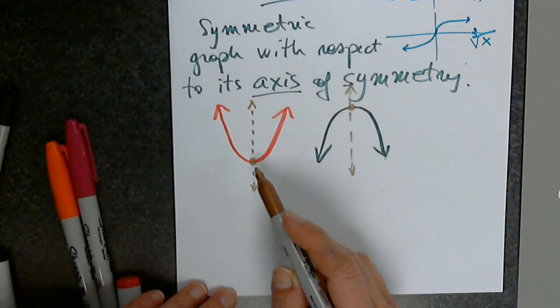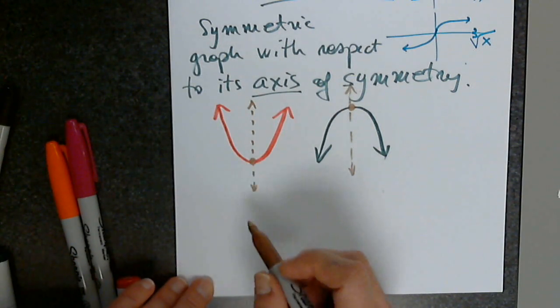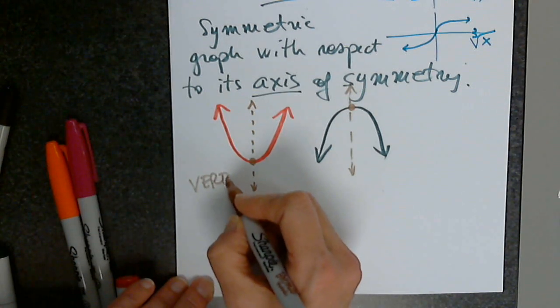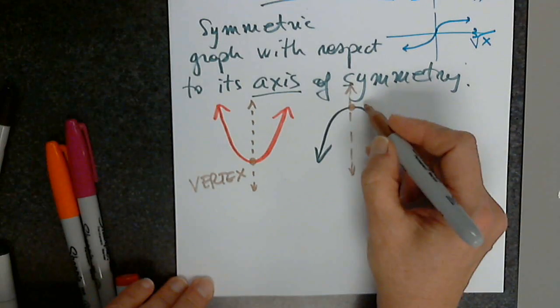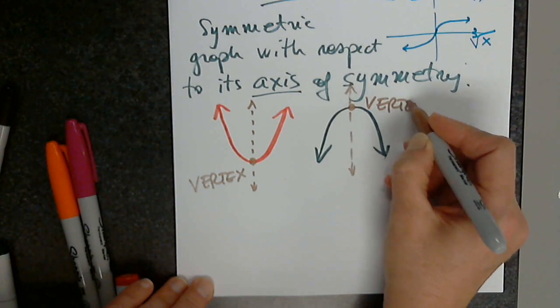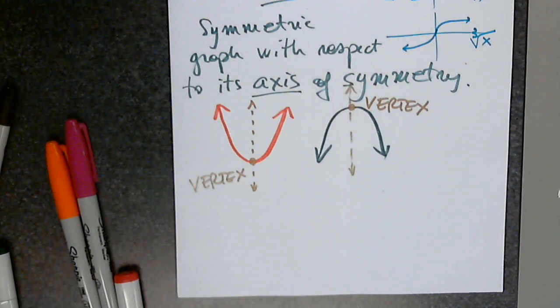It's the vertical line passing through this point that is called vertex. If it's a minimum or a maximum, it's still called vertex. So the parabola is a symmetric graph, symmetric with respect to its axis of symmetry, which is a vertical line passing through the vertex.